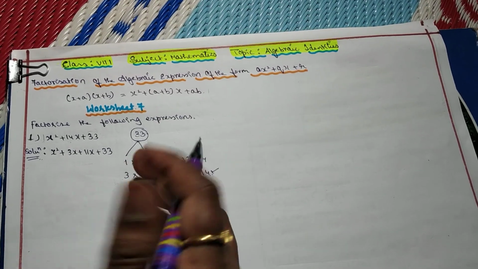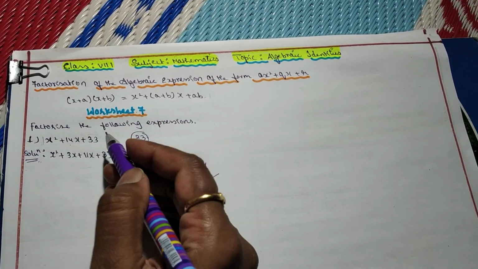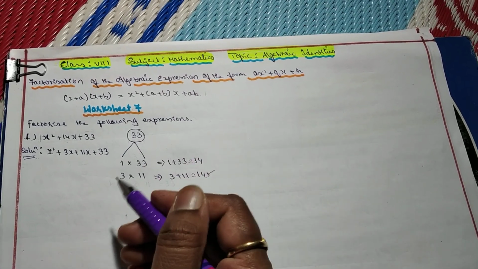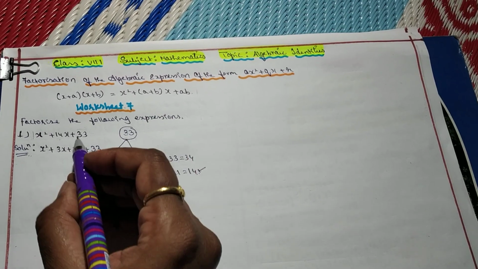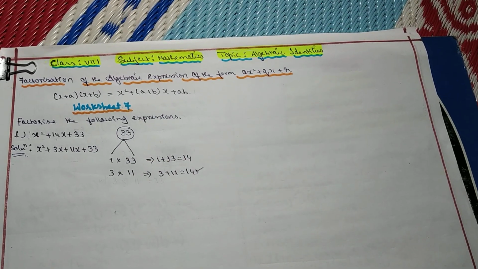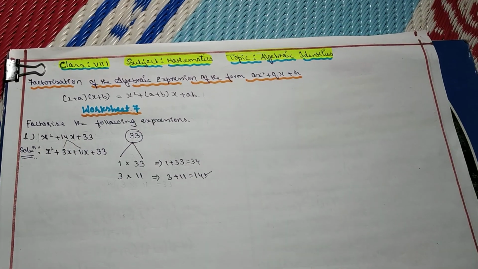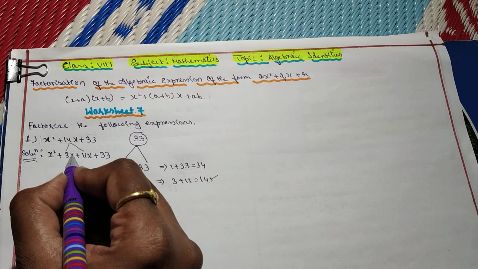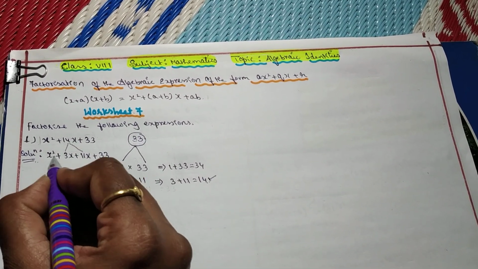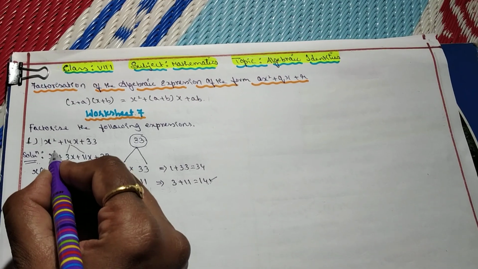So this is what, children, we call, the other name for this factorization, splitting the middle term. Here we are using this identity, but in the higher classes we'll call it splitting the middle term. So the middle term is split as 3x plus 11x, which is equal to 14x. Now in between these two terms, what is the factor which is common? Yes, x is common. What is left here?